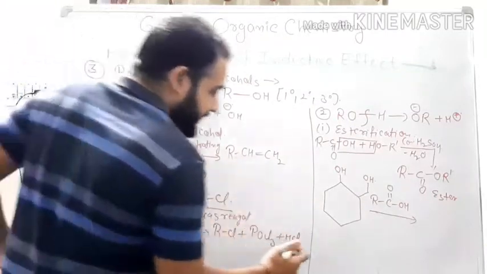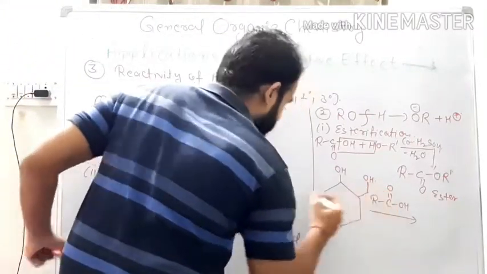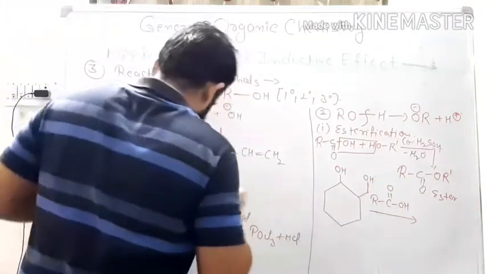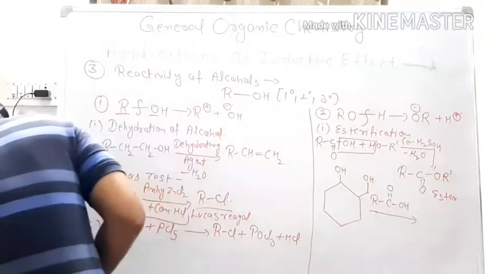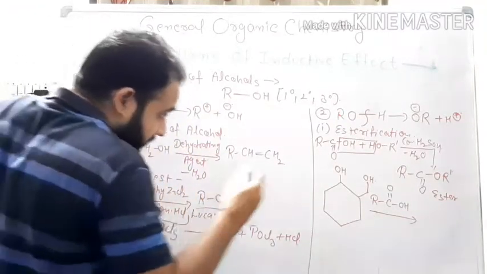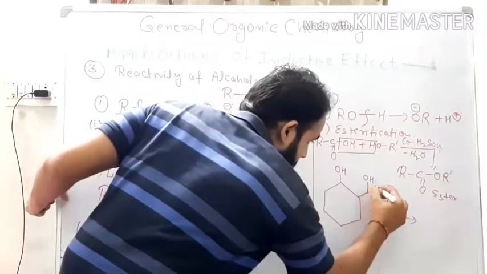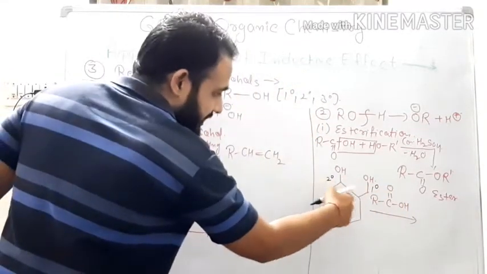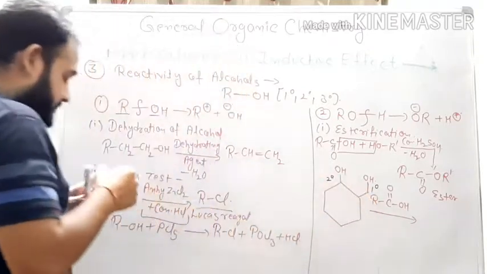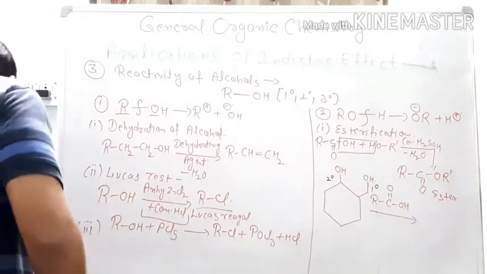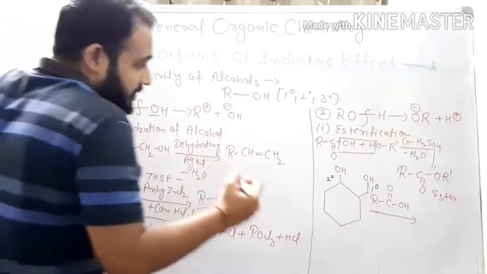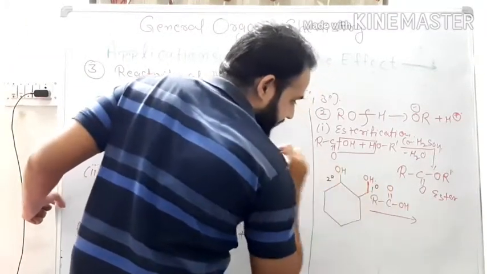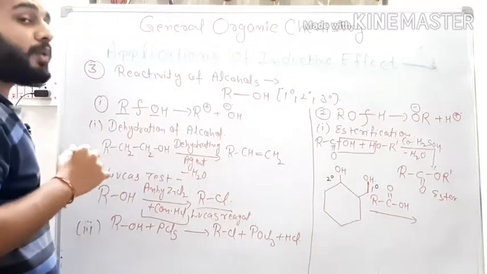So here you see that this alcohol is your primary alcohol, see this one is your primary and this one is your secondary, because this carbon is bound with 2 carbons, and this carbon is bound with only 1 carbon. So here this OH can react faster than this OH, because it is a primary OH group.